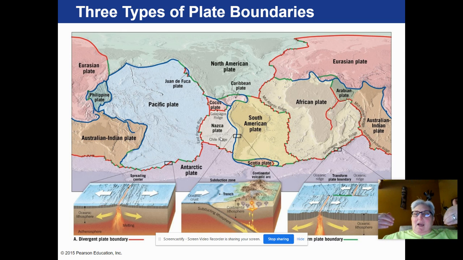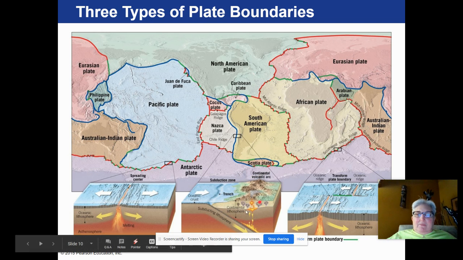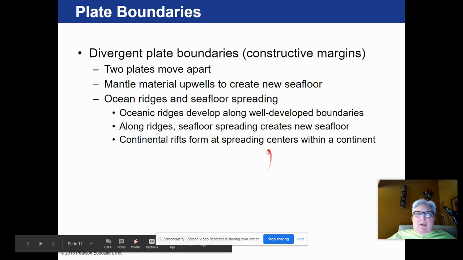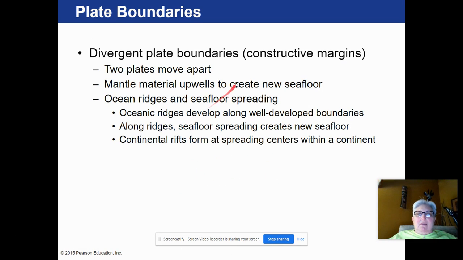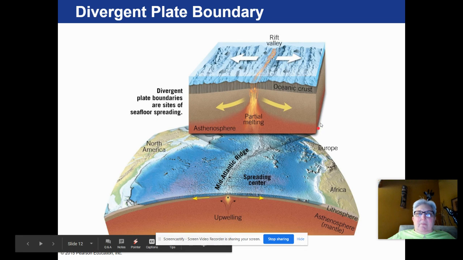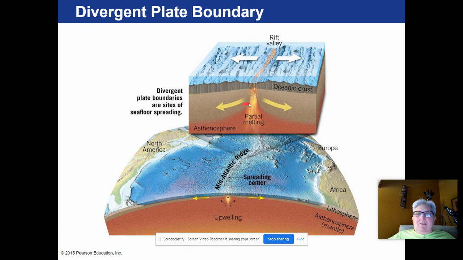The second is convergent, which means that the plates are coming together. And then we had some other types that we'll take a look at in a second. So divergent, plates moving apart, spreading of the ridges in the ocean floor, all of those things start to happen, right? So we get movement here away from each other.